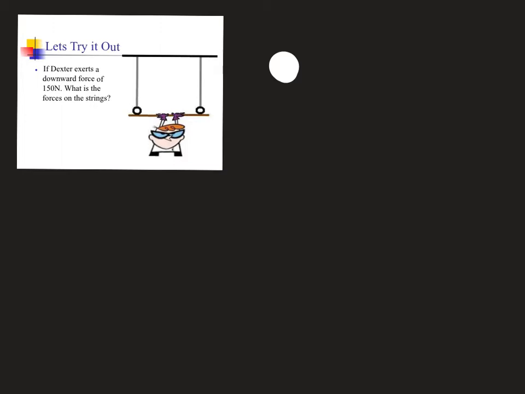So we know Dexter has about 150 newtons down. So we have a given arrow for that, and that's going to equal 150 newtons. But that's not a good enough label for what we want.